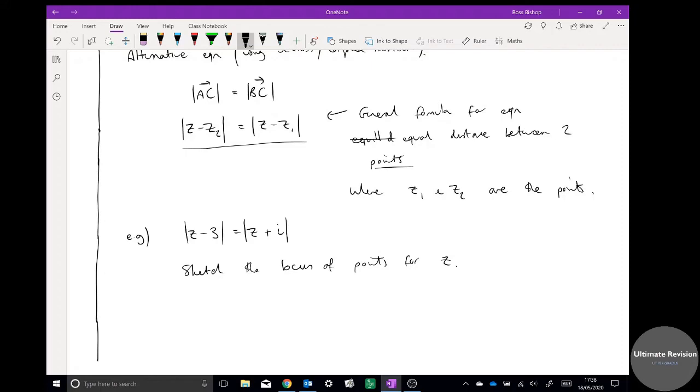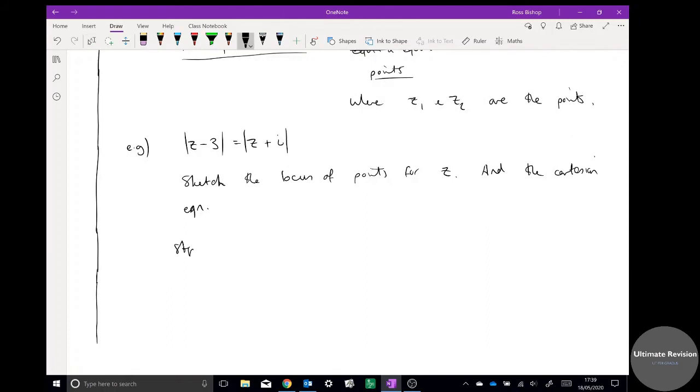You're plotting an infinite number of points which create a line. That's all this is saying. This is really just saying sketch that line, okay? And find the Cartesian equation.